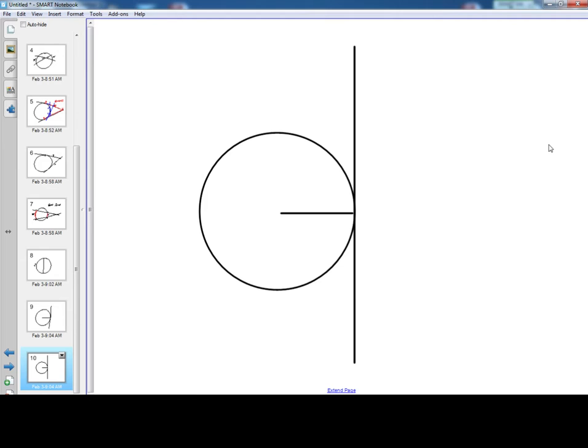Here's something else that's really cool. If a tangent line and a radius or diameter meet at the point of tangency, then the angle created is 90 degrees.